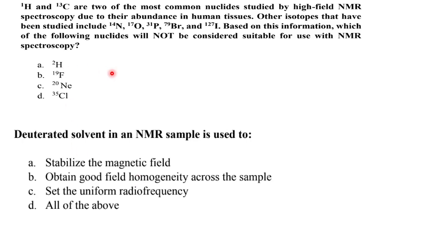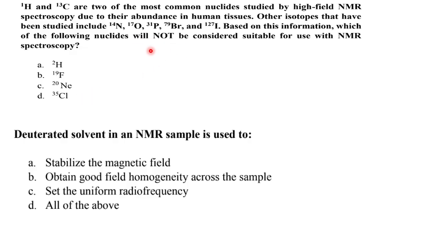So what is the criteria to be NMR active? Odd number of, okay. So based on that, what will be the right answer? Which one will not be considered suitable? That means which one will be inactive?